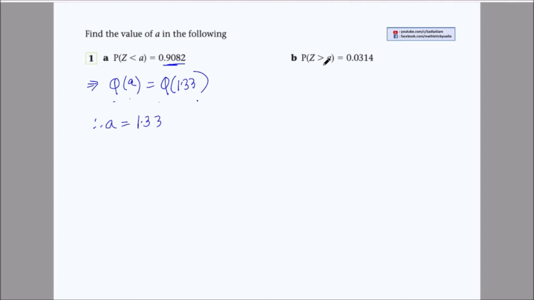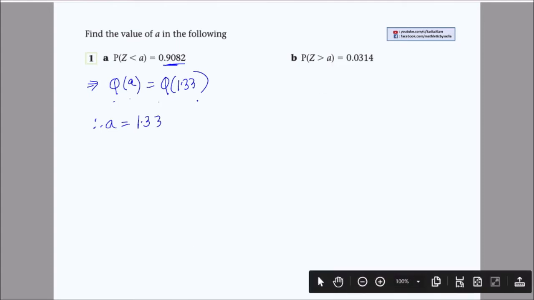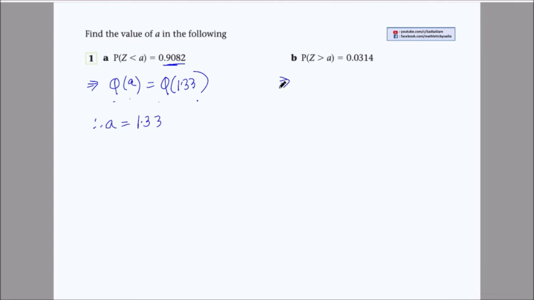Next we have probability of Z greater than A. So for greater than, we use 1 minus phi, right? So 1 minus phi of A. And then if you just subtract phi of A from this equation, we shift 1 at the right side.